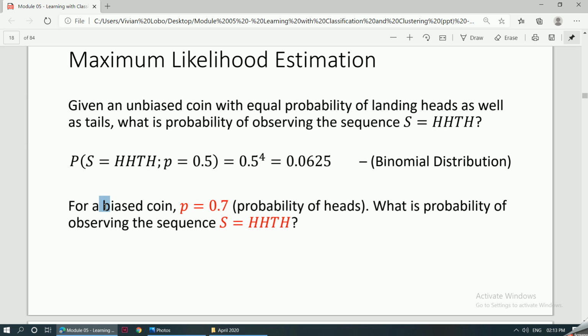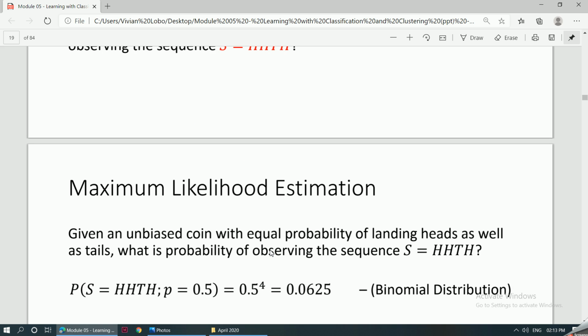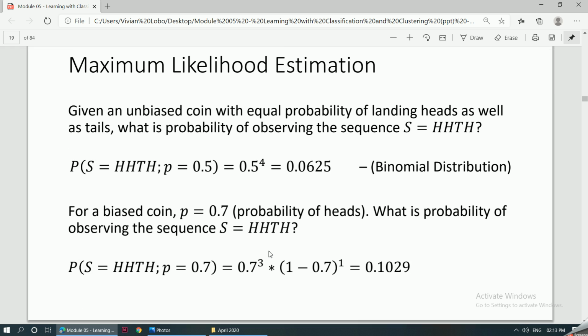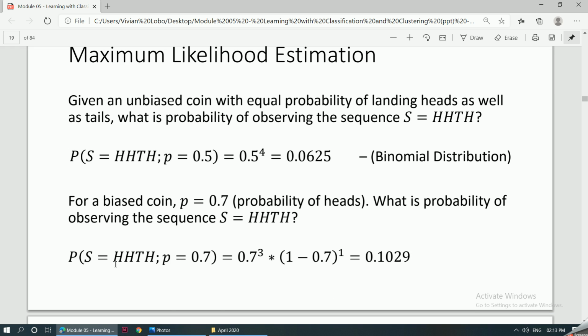Now, if I am considering a biased coin where P is the probability of heads, which is 0.7, then what will be the probability of observing the same sequence? In that case, we have seen the binomial distribution, whereas in this case, the sequence remains the same, but it is a biased coin where the probability of head is 0.7.